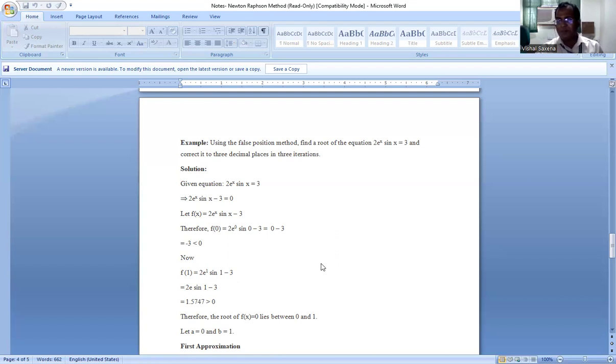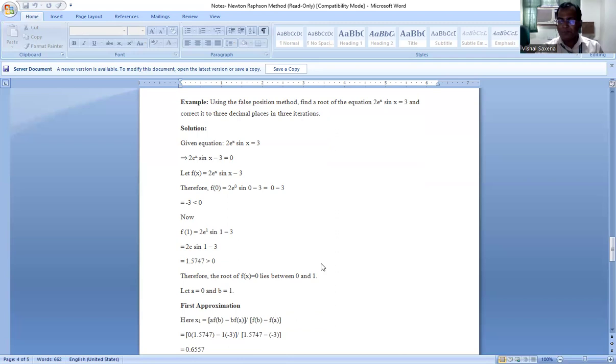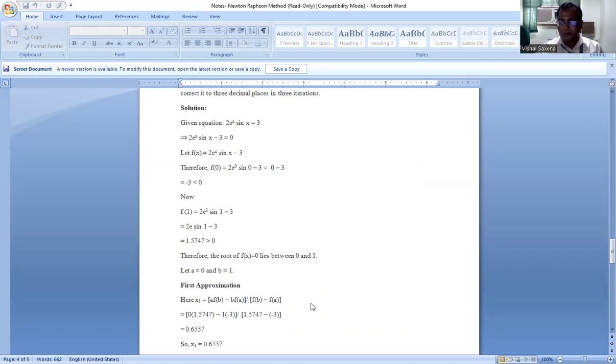So for this regular falsi method, first we take the values of a and b. So a is assumed to be 0 and b is assumed to be 1. Now the first approximation, x1, is given by a into fb minus b into fa divided by fb minus fa.